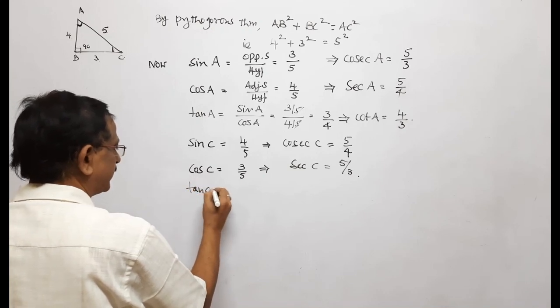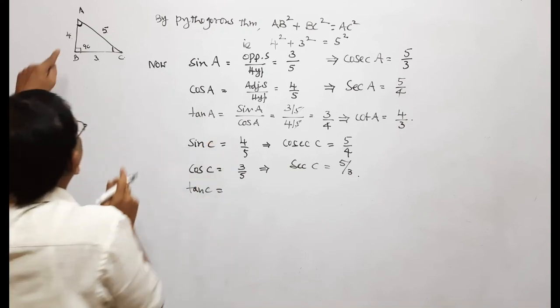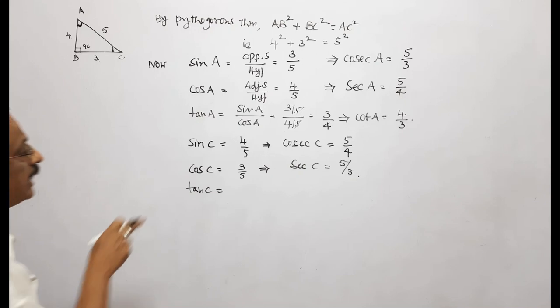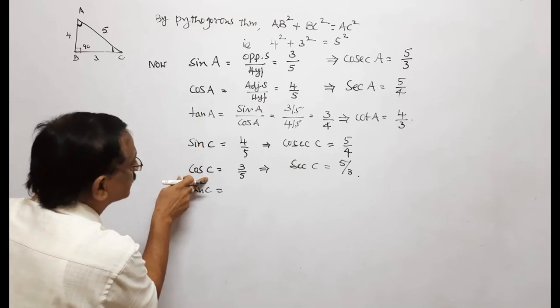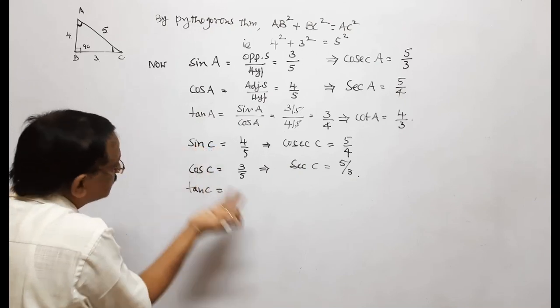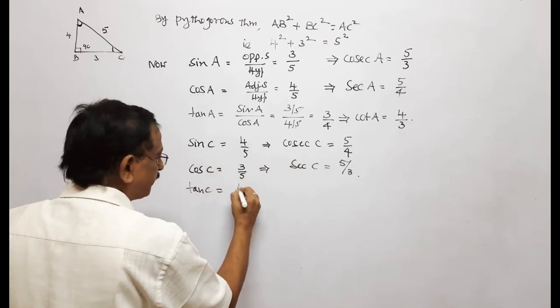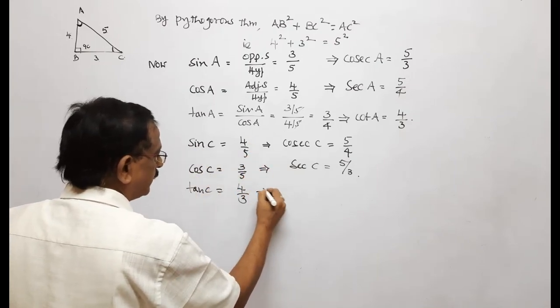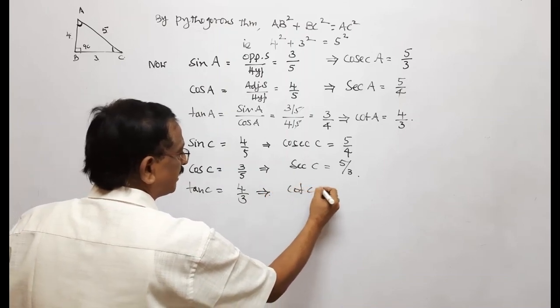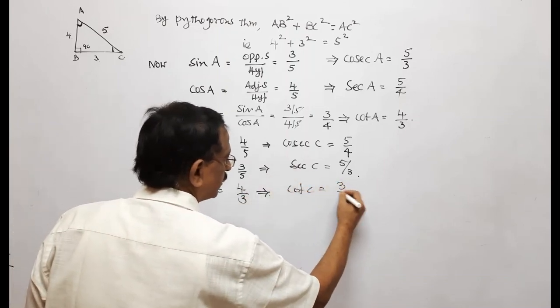And what about tan C? I need not look at the diagram. Once I know sin C and cos C, I can simply write down tan C is sin C by cos C, 4 by 5 by 3 by 5, which is 4 by 3. And what about cot C? Reverse it, 3 by 4.